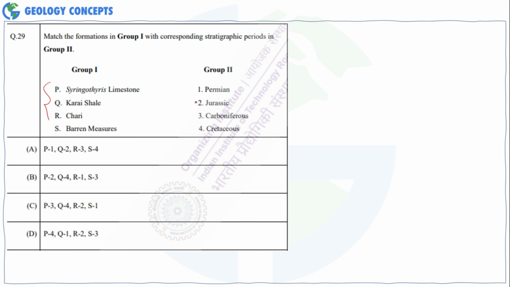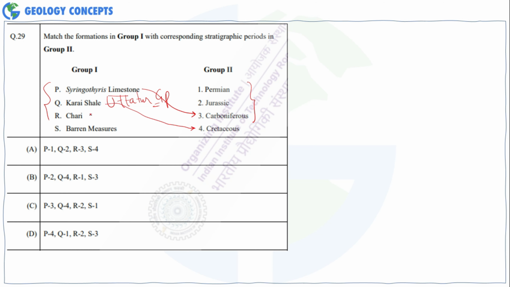Next, from the stratigraphy, we have a few formations here and they have to be matched with their respective time. So the Syringothyris limestone comes from the Kashmir area, the Paleozoic rocks of Kashmir, so they belong to the Carboniferous. Karai shale belongs to the Uttatur group, which is coming from the Cretaceous of Trichinopoly, so I can relate it to the Cretaceous age.